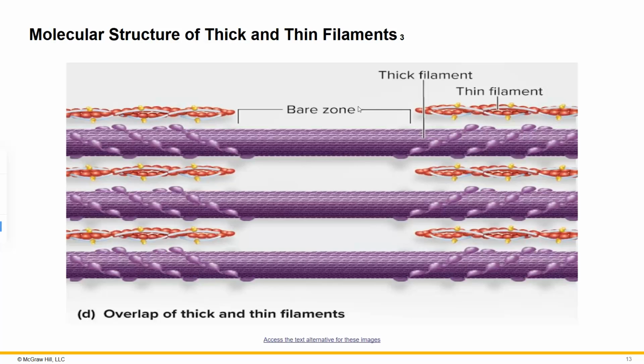So they are acting in opposite directions to shorten the muscle. If they were going in the same direction, then we wouldn't have appropriate shortening. So there's this bare zone in the middle, and the goal is for that one and that one to be pulled toward the center.